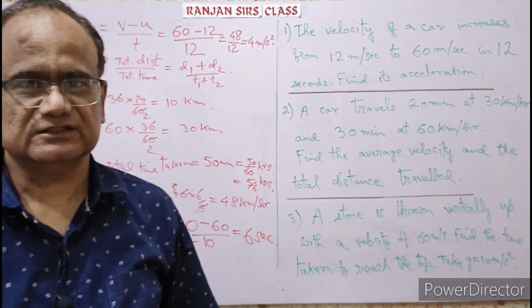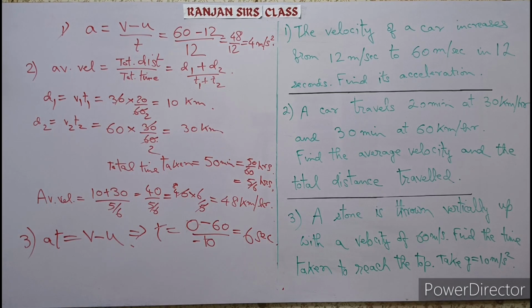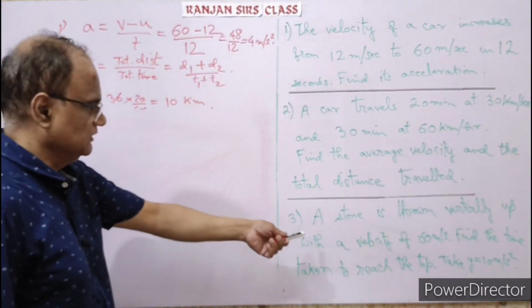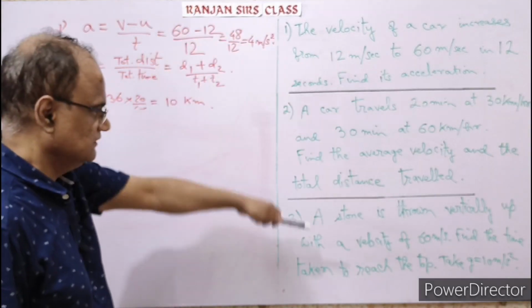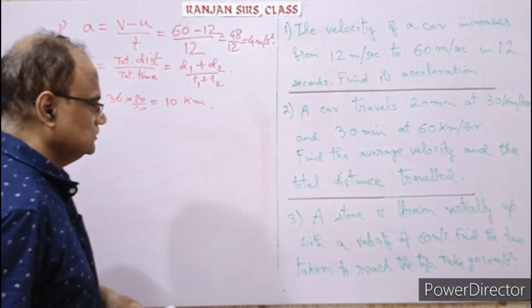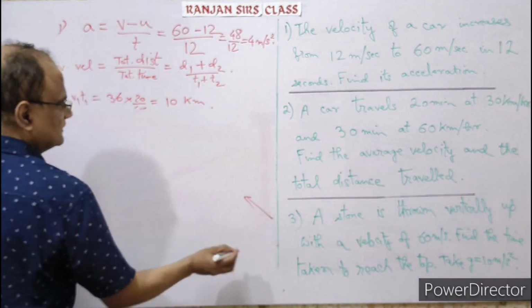Now let us do that. Now in problem number 3, let us also find out the maximum height reached by the stone. We have added another part to this question.